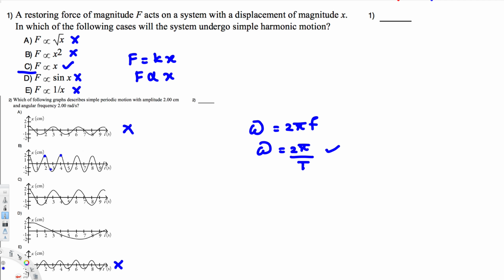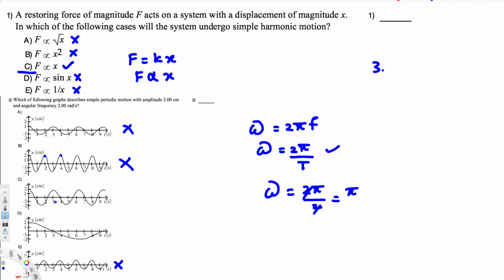One full wave. 2 to 4, it takes 2 seconds to travel one full wavelength. So that's going to be the period for this one. Now let's apply that into this equation. Omega is equal to 2 pi over 2 seconds. And if you notice, if we get this one, we get pi. Pi is basically around 3 point something, right? So this is not equivalent to 2. So this one doesn't come.